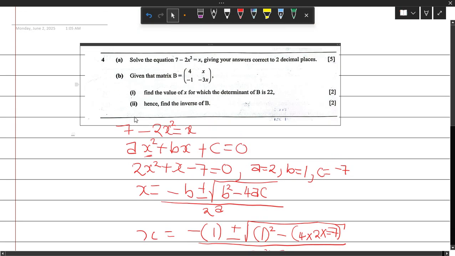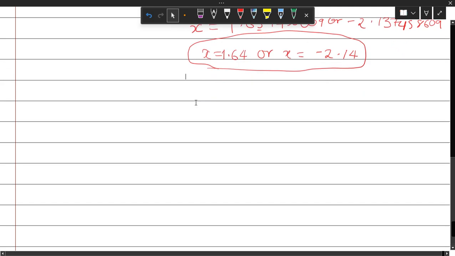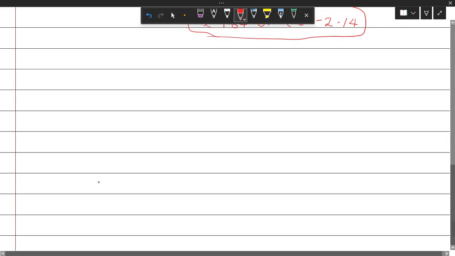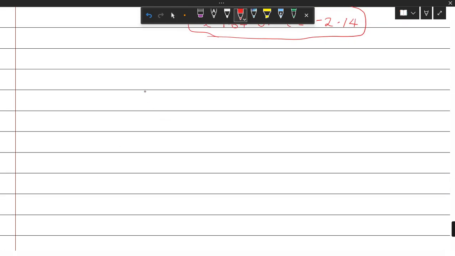Then part B. In part B, we have a matrix B. Okay, so I'll write it here. We have the matrix B, which is equal to 4, x, negative 1, negative 3x.